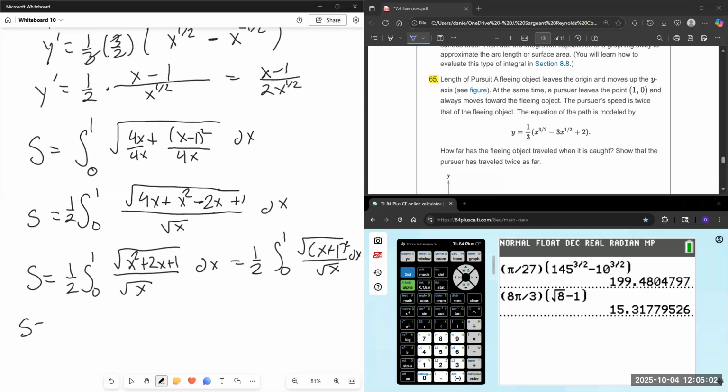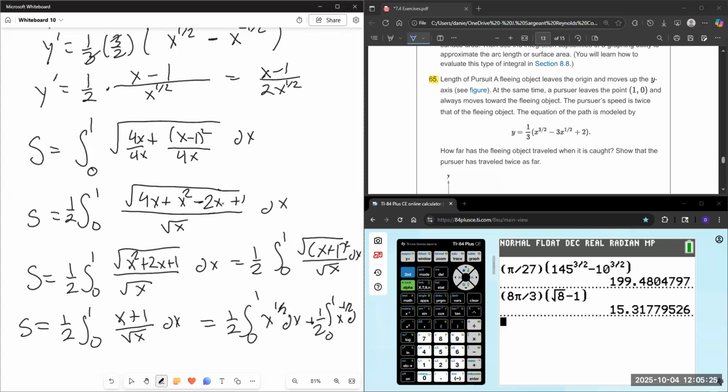So s is 1/2 the integral from 0 to 1 of x plus 1 over root x dx. So that makes two integrals: 1/2 the integral from 0 to 1 of x to the 1/2 dx plus 1/2 the integral from 0 to 1 of x to the negative 1/2 dx.